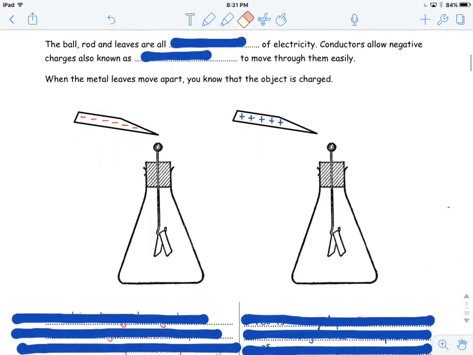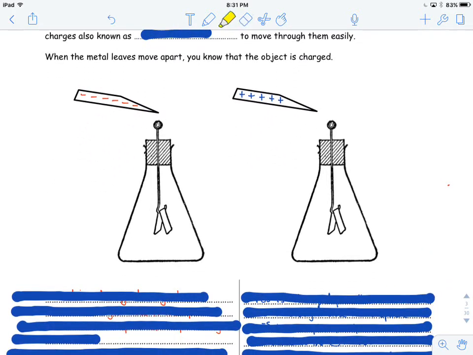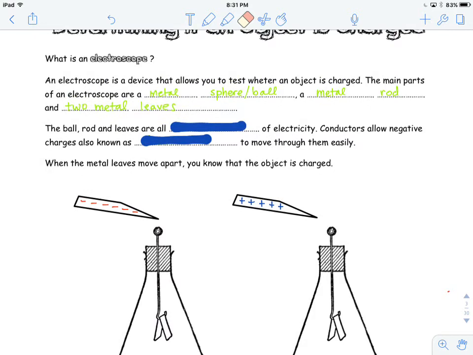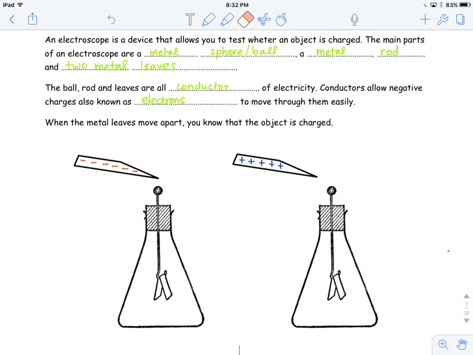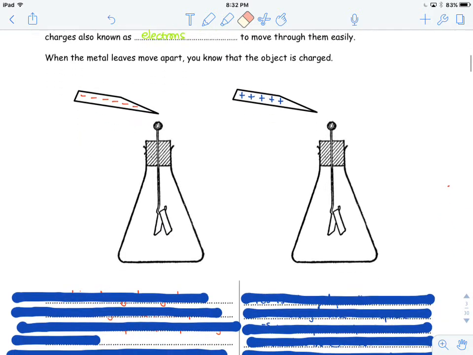You can see a diagram of an electroscope here with the metal sphere, the metal rod, and the two metal leaves. The ball, the rod, and the leaves are all conductors of electricity, because they're all made of metal. Conductors allow negative charges, known as electrons, to move through them very easily. When the metal leaves move apart, you know that the object you're bringing close is charged.